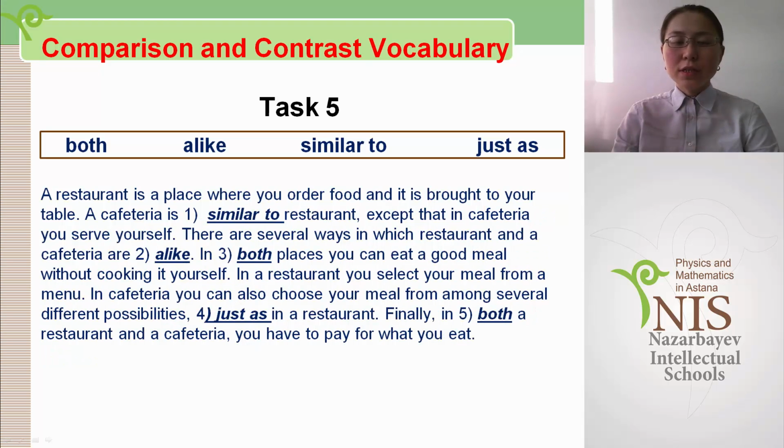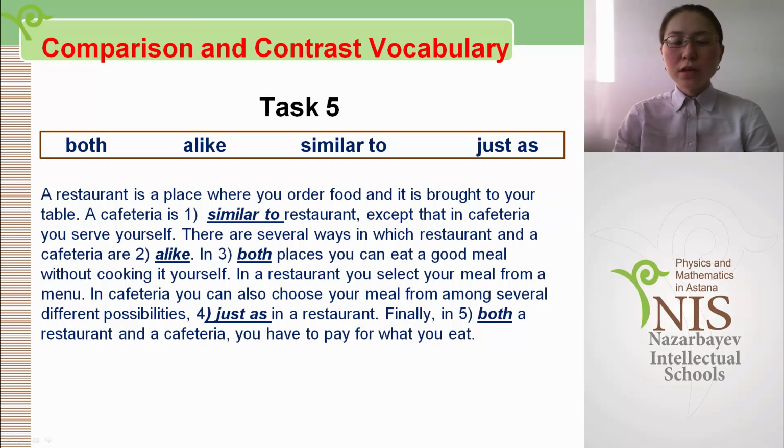A restaurant is a place where you order food and it is brought to your table. A cafeteria is similar to a restaurant, except that in a cafeteria you serve yourself. There are several ways in which a restaurant and a cafeteria are alike. In both places you can eat a good meal without cooking it yourself. In a restaurant you select your meal from a menu.